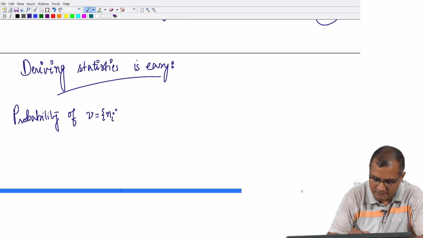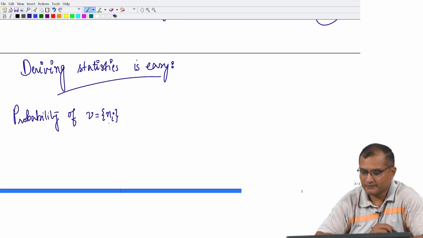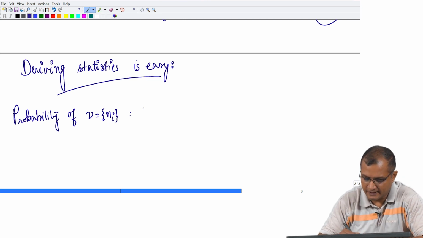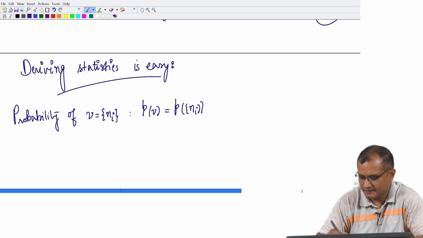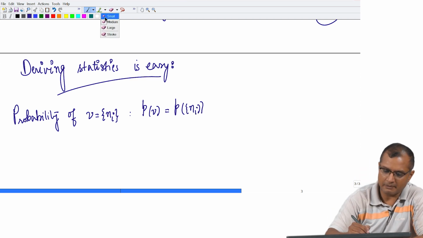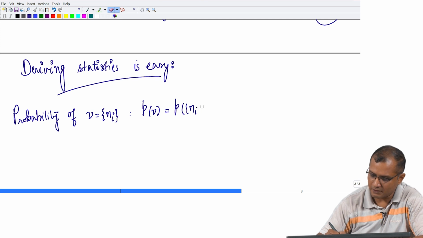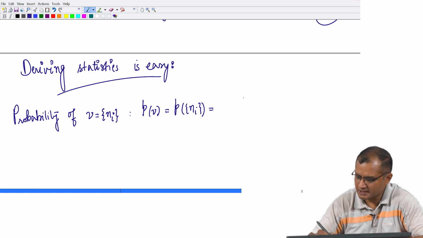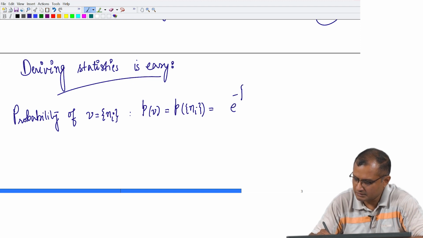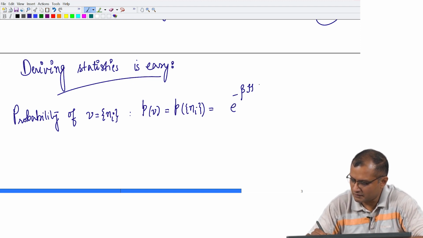Some collection of these n_i's constitutes a single microstate, and the probability of this single microstate is nothing but e raised to minus beta times the Hamiltonian of that microstate.